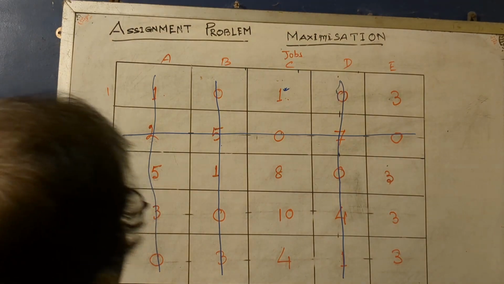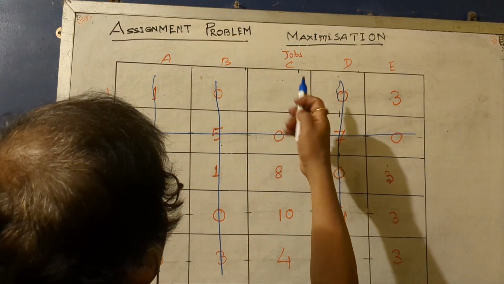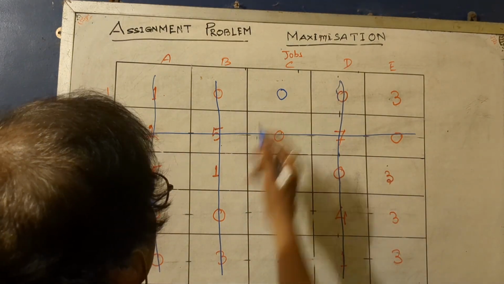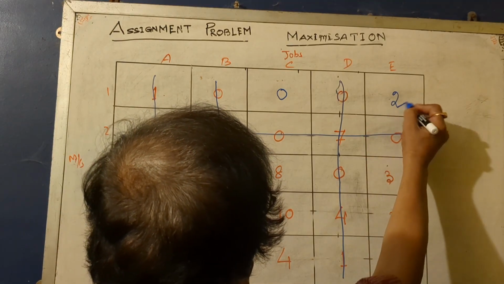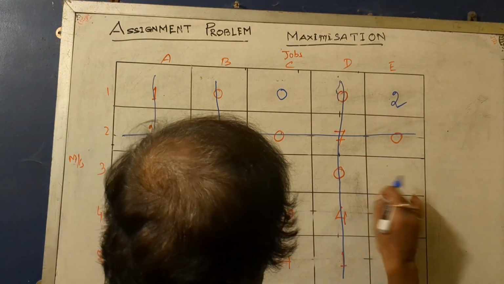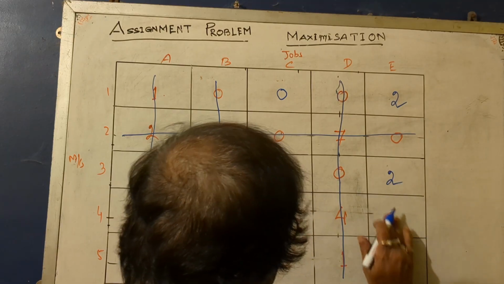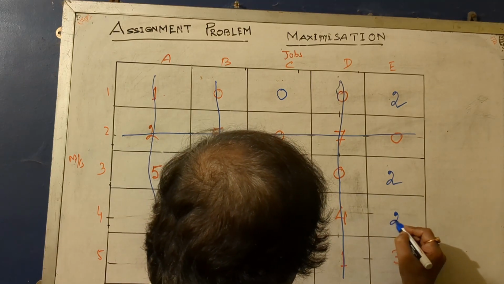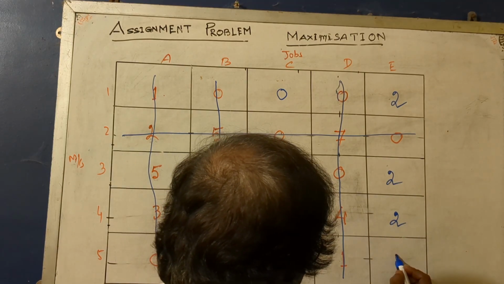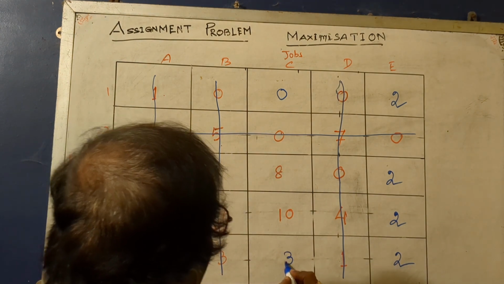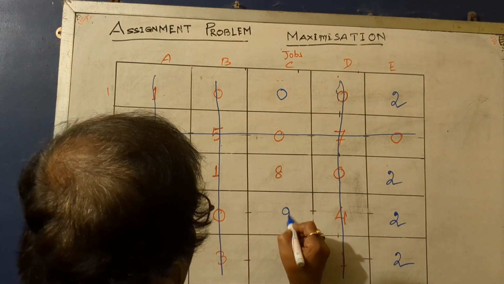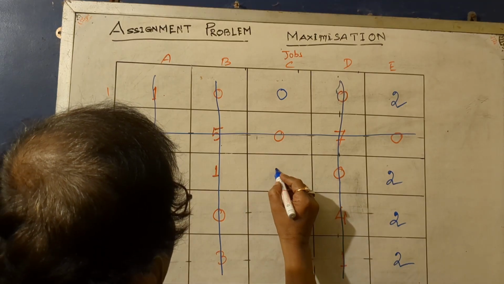That means if you subtract, it will be 0 and it will be 2. This is the lowest element 2, and that will be 2. Again this will be 2 and this will be 2 and this will be 3 and this will be 9 and this will be 7.